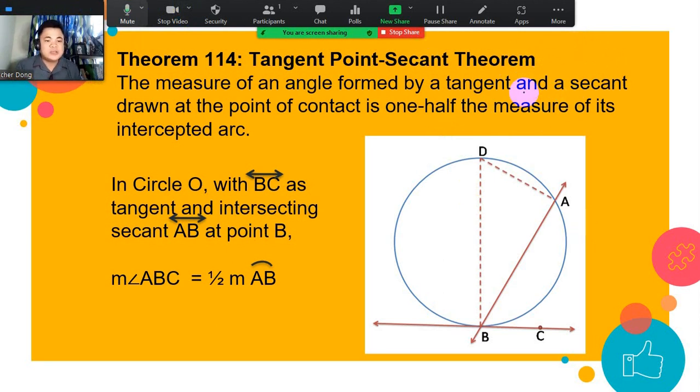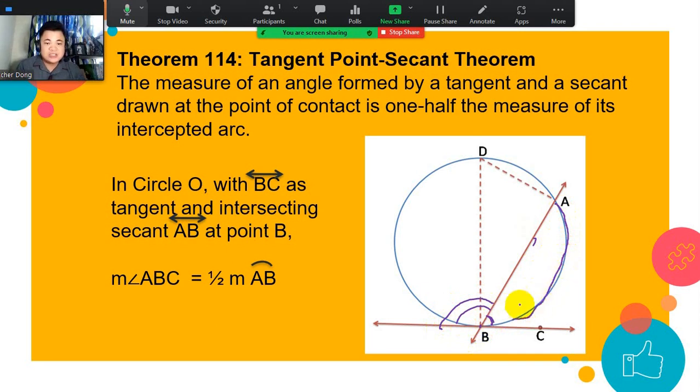Okay, so the measure of an angle formed by a tangent and a secant drawn at the point of contact or point of tangency is 1/2 the measure of its intercepted arc. So you can see that in circle O with line BC as the tangent, and then intersecting secant line AB at point B. So if you would like to solve for angle ABC, just simply multiply the arc measure by 1/2.